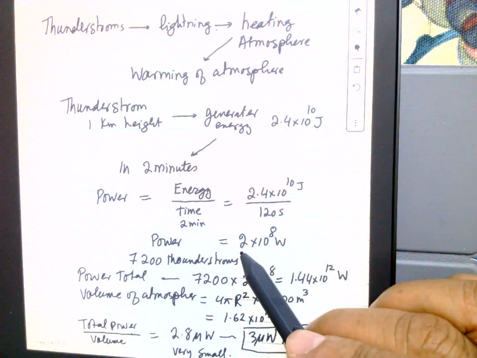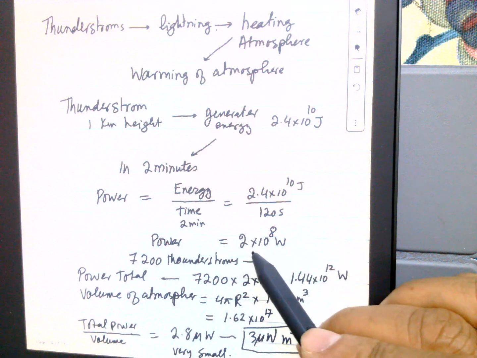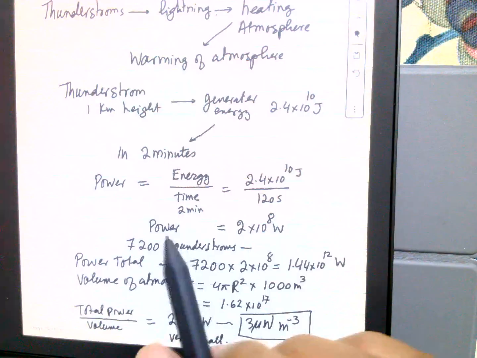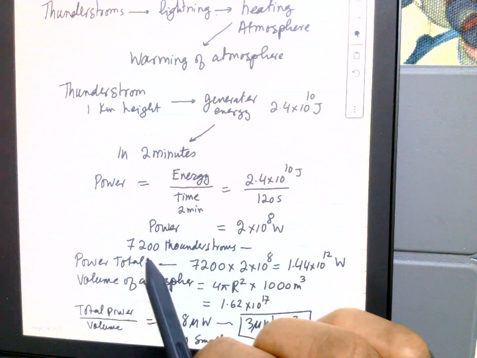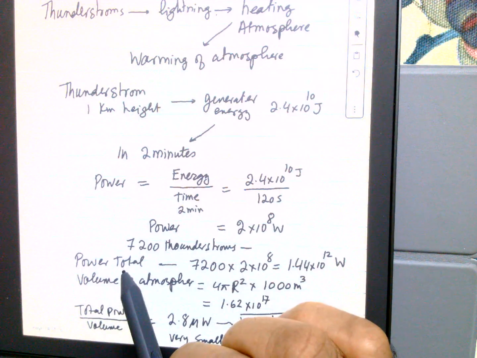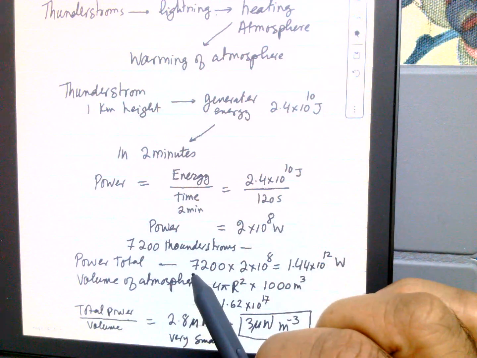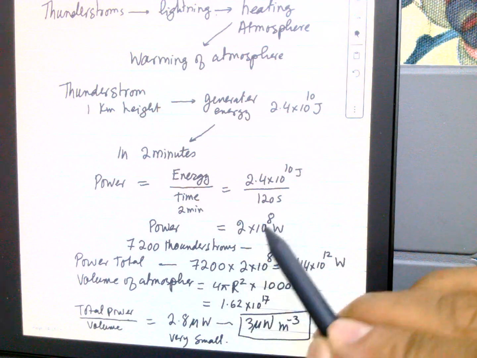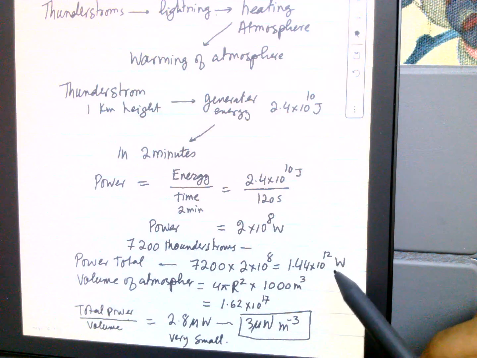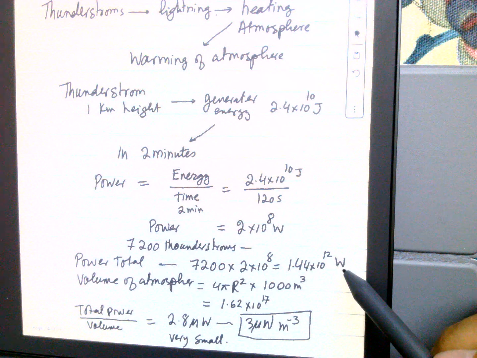So the power will be 2.82 × 10^8 watt. But there are 7,200 thunderstorms, so the total power, 7,200 multiplied by this power, will be 1.44 × 10^12 watts.